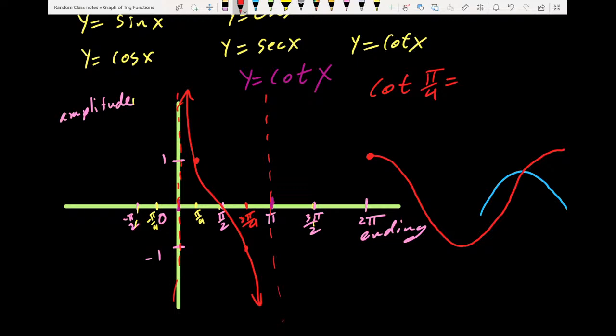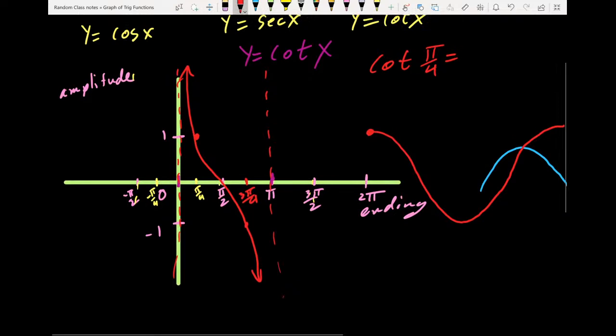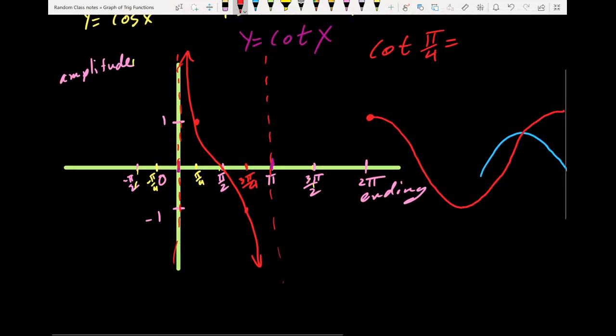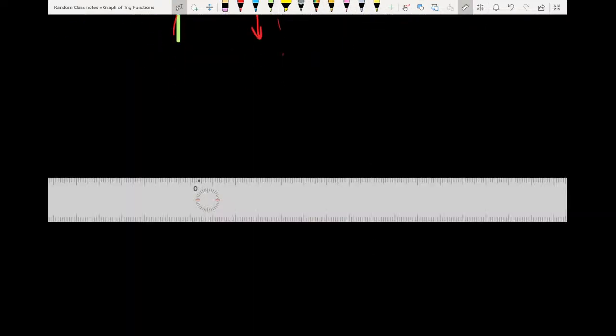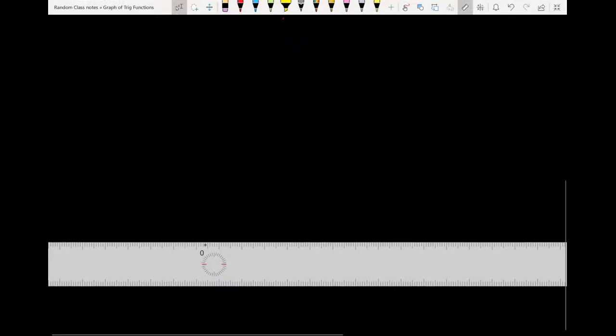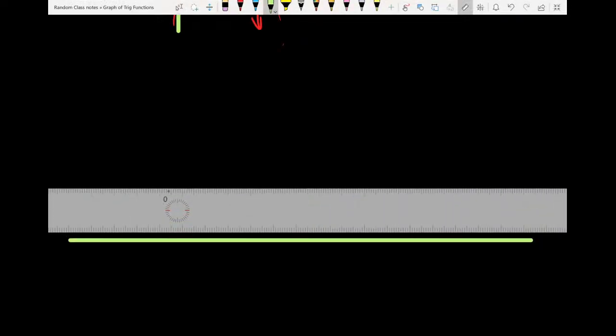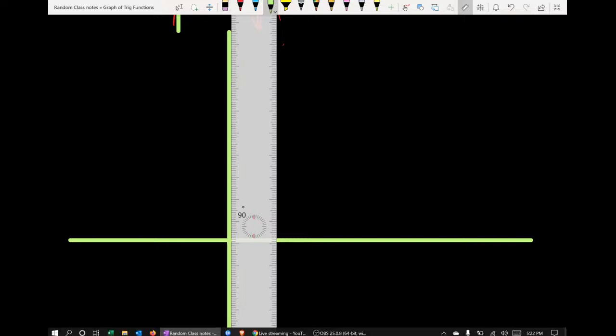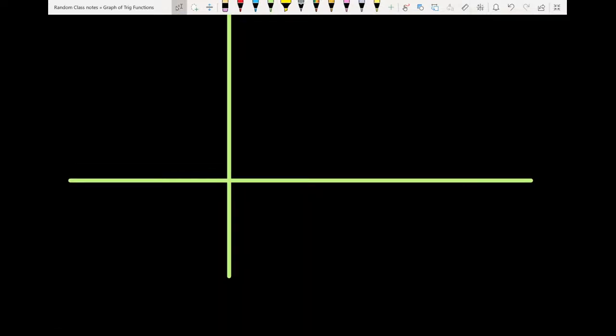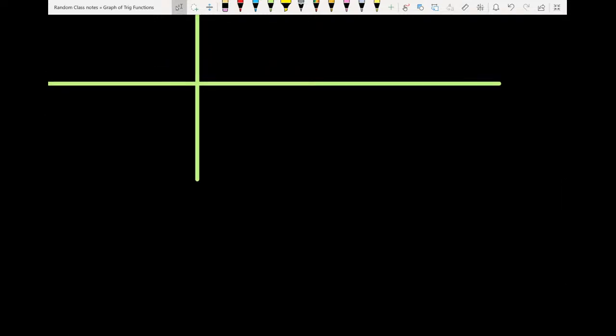So, I already gave you sine, cosine, cotangent, and tangent, right? Now, let me make the problem a little bit more interesting. Are you going to get this type of question on the test?